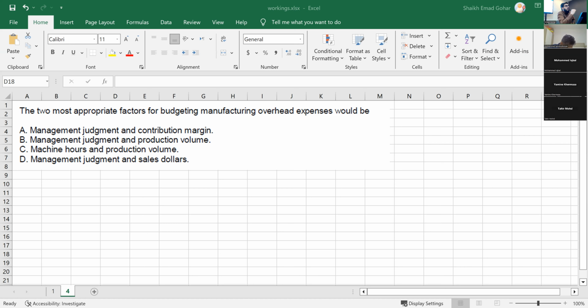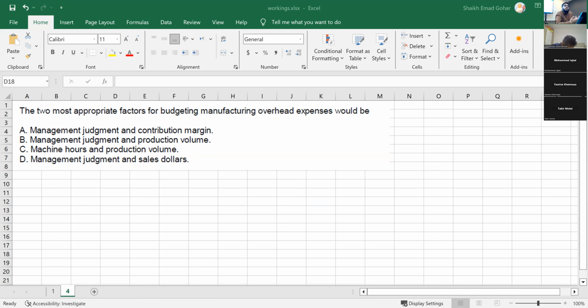What is the formula? Budgeted overhead divided by the budgeted number of units, how much you will produce. So you will get a rate. When I say the number of units we produce, I am talking about production volume.